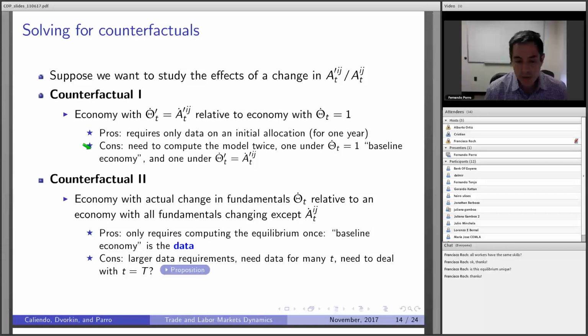So these two counterfactuals have different assumptions about how other fundamentals evolve in the economy, but both are going to give us the effect of a change in productivity in China. If you want, counterfactual 1 is answering the question, what is going to be the effect on the United States if nothing happened in the world except for the changes in productivity in China.